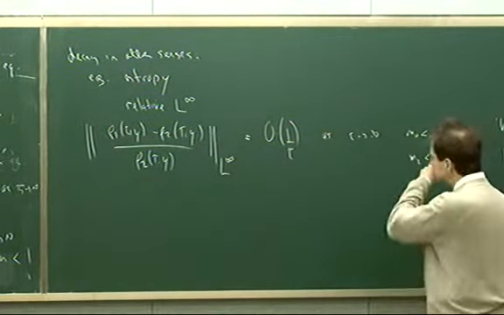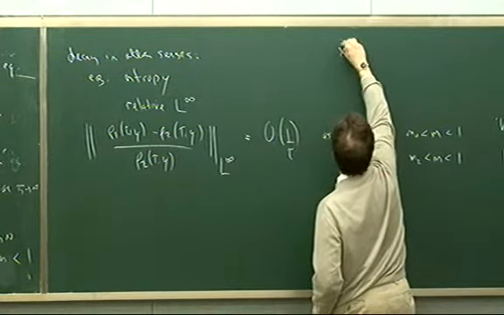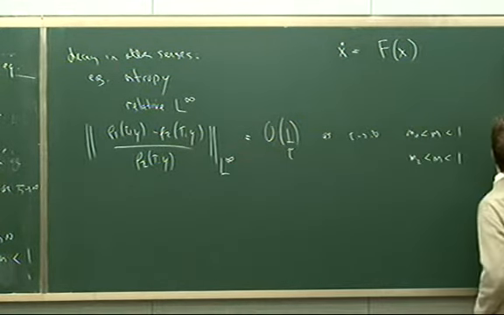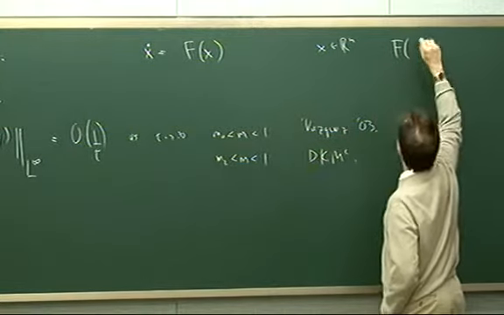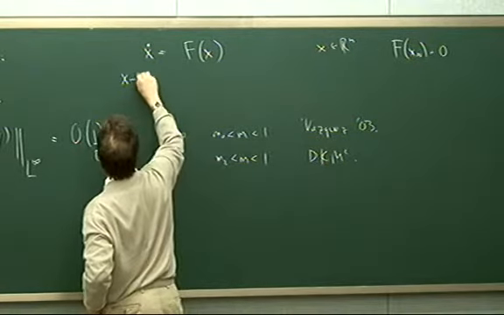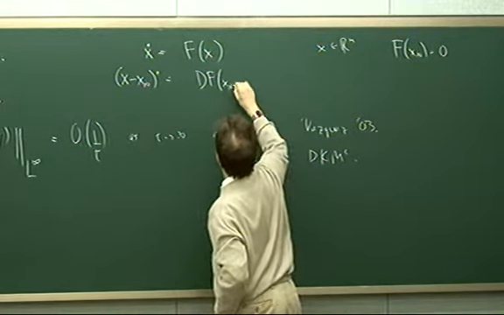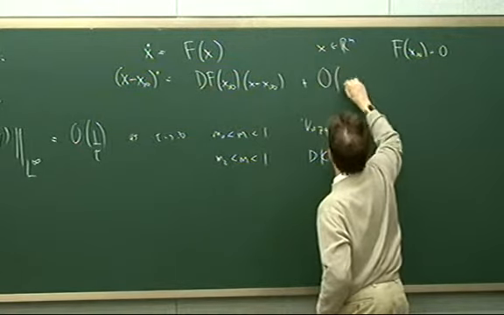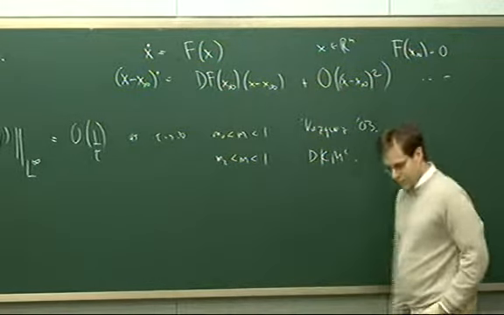And so the idea would be that if you have an evolution of the form x dot equals f of x, for example, for x in Rn, let's say, and if this has some fixed point, f of x infinity is 0, then you want to try to linearize this dynamics and say, well, x minus the fixed point, the evolution of that should be governed by the eigenvalues of the derivative of the vector field, and then there would be corrections.